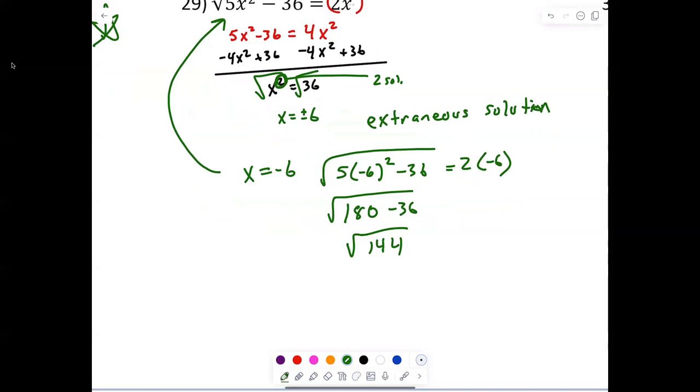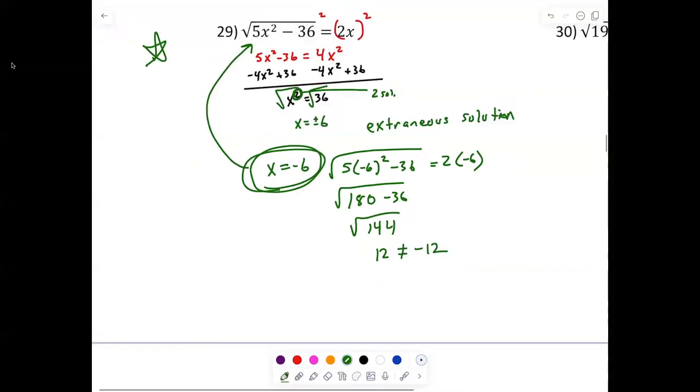The square root of 144 is what? 12. It's not what? -12. So that's why it's considered an extraneous solution. So -6 is considered an extraneous solution. So the only actual answer here is what? Yes, the only answer is 6.